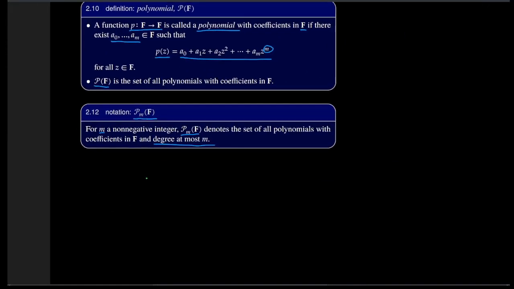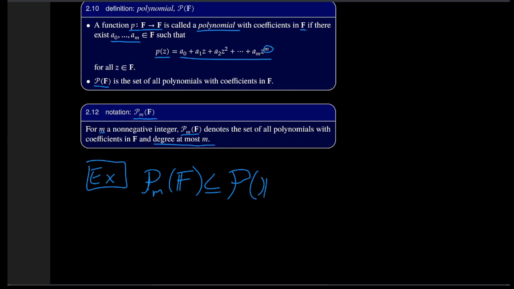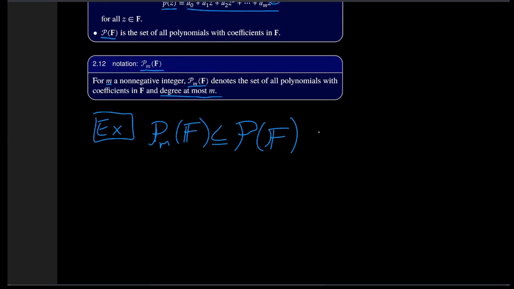Okay, so the polynomials of degree at most m. Let's take a quick example here. Notice that the polynomial functions of degree at most m with coefficients in a field f are a subspace of the polynomial functions of arbitrary degree on f.